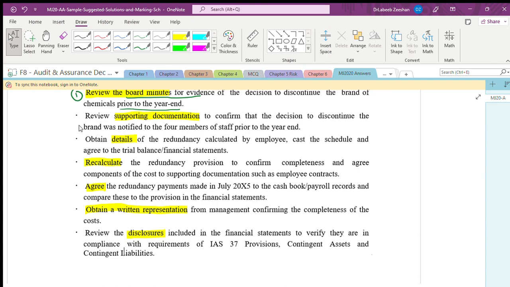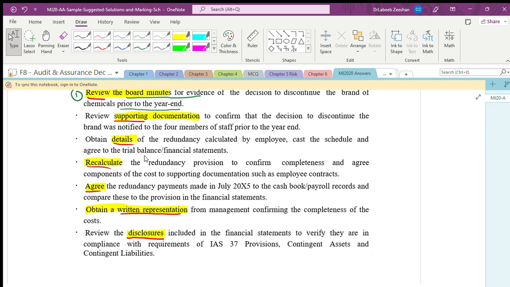Just write down this sequence. First review, then review supporting documentation, details, recalculate, agree, getting the written representation. The last one is the disclosure. Now, any substantive procedures in the examination you write, then you see the sequence.